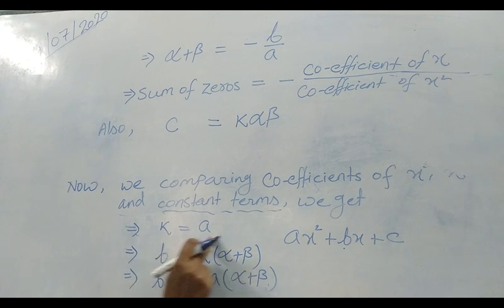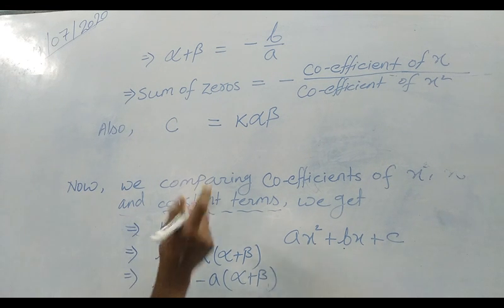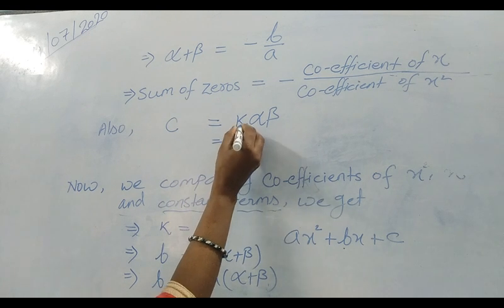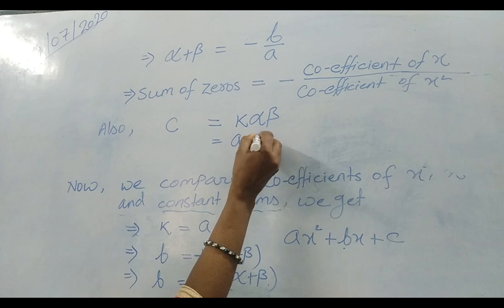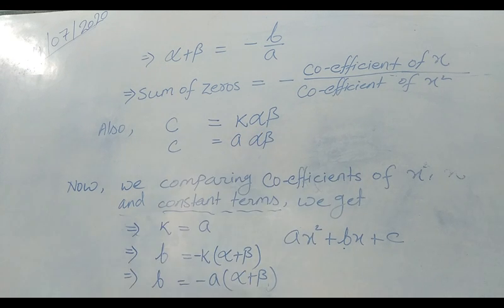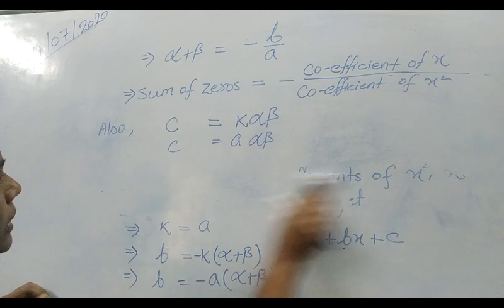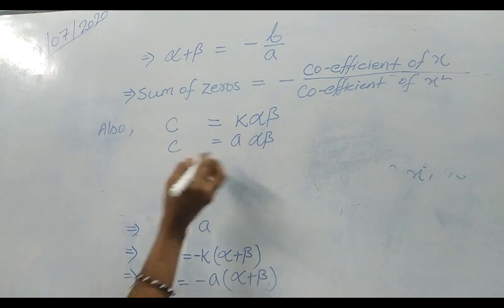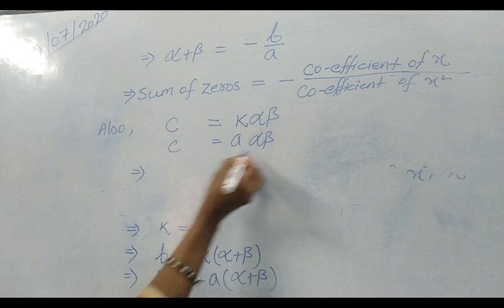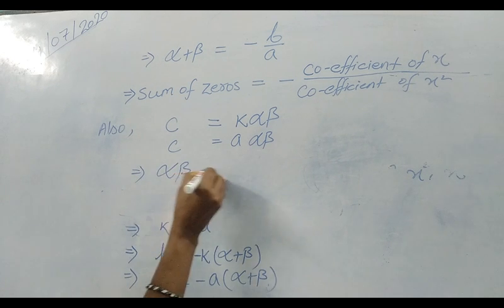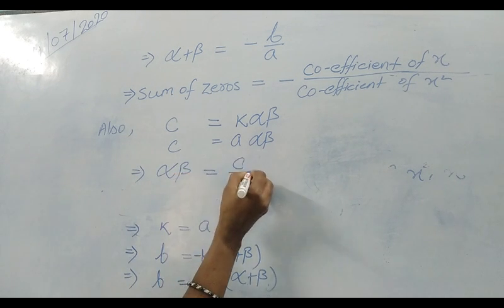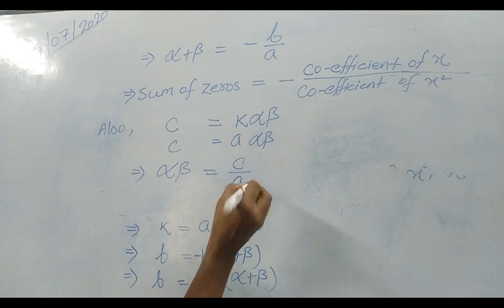Now here we find out that value of k is equal to a. Just substitute the value of k, a, into k alpha beta equal to c. So find out the value of alpha beta. So alpha beta is equal to c by a when you send a to the other side.